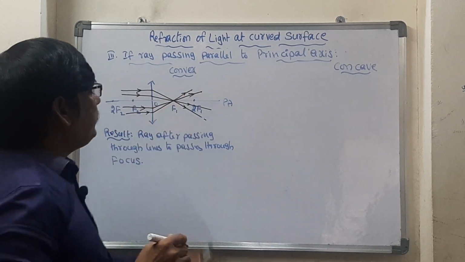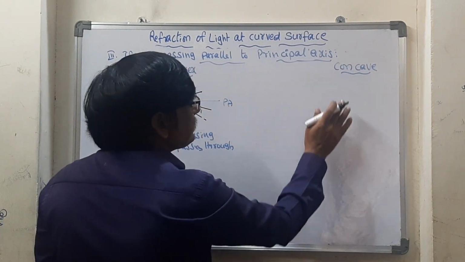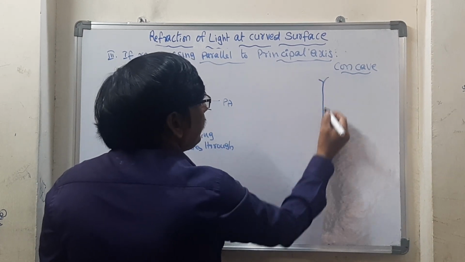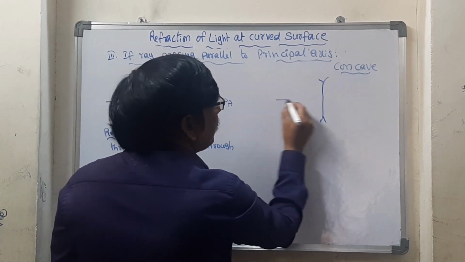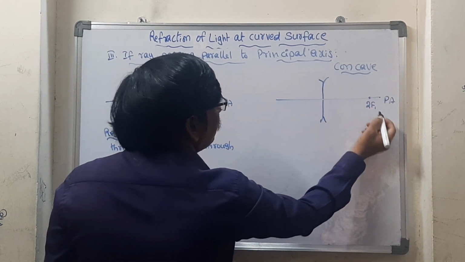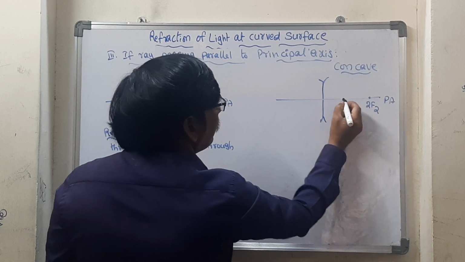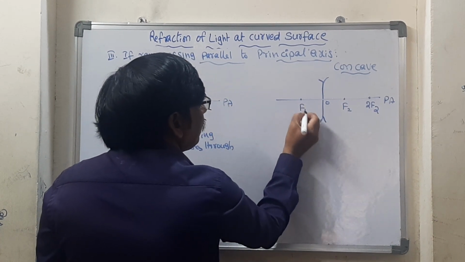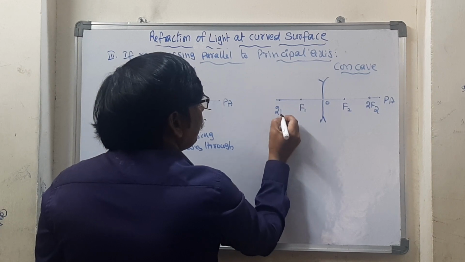Now let us see in terms of a concave lens, how it can be. Now let us take a concave lens, and again let us draw the principal axis. This is 2f2, f2, optic center, f1, 2f1.